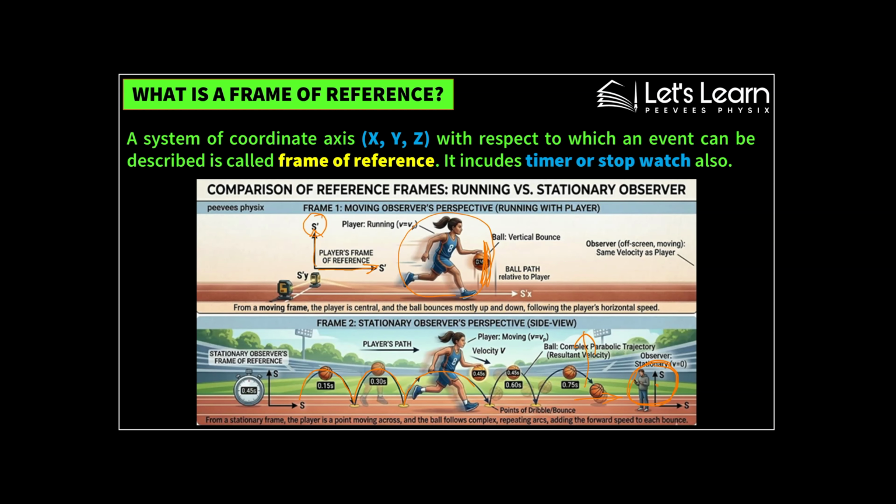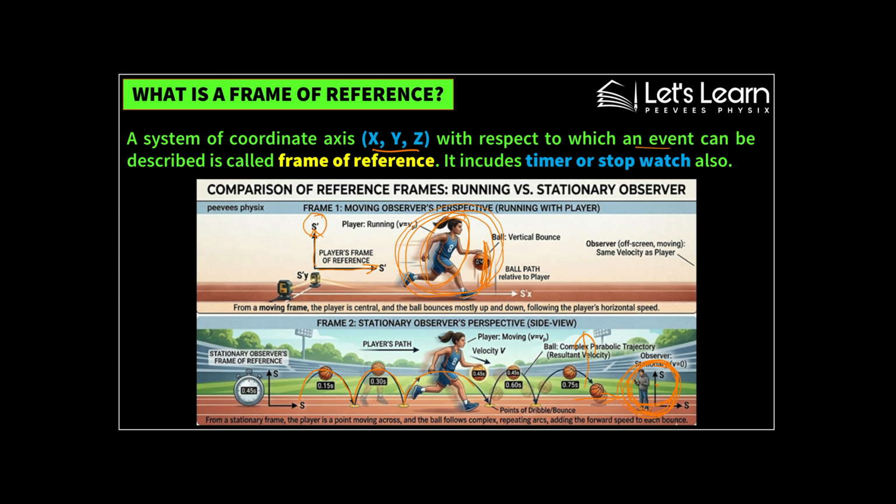What's a frame of reference? It's a coordinate axis, x, y, and z, with respect to which we describe an event. Here the event is bouncing of ball. To describe the bouncing of this ball, if the frame of reference is attached with this girl, you just need only y-axis. But the same thing, if you go for frame of reference attached with this stationary man, you need both x and y-axis.